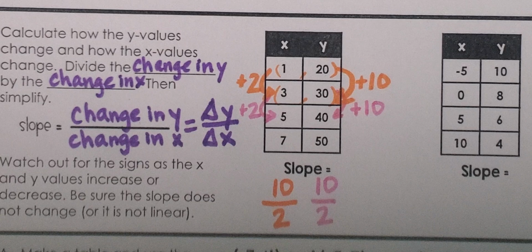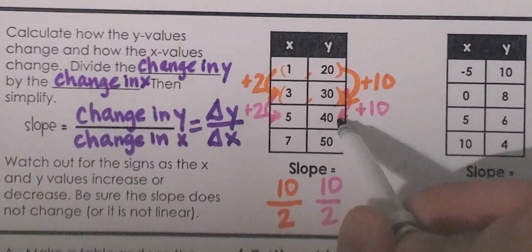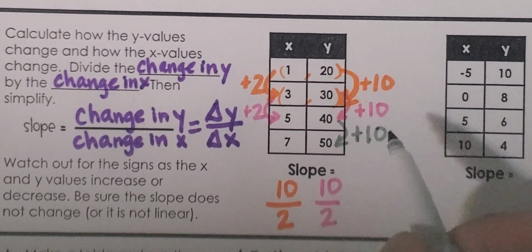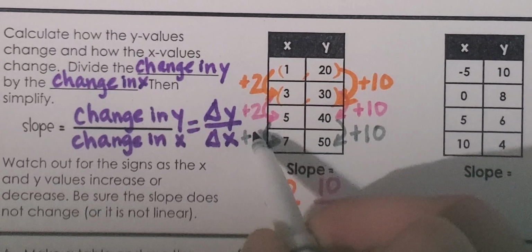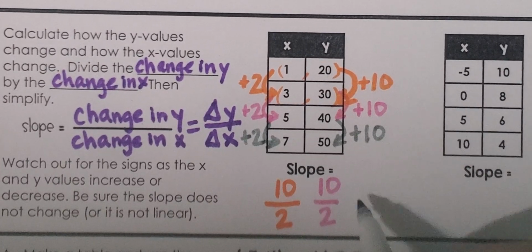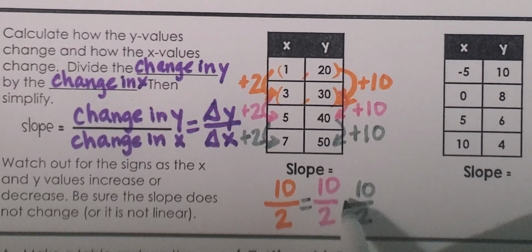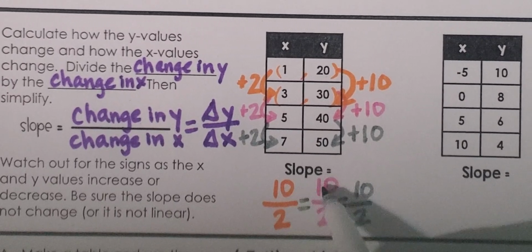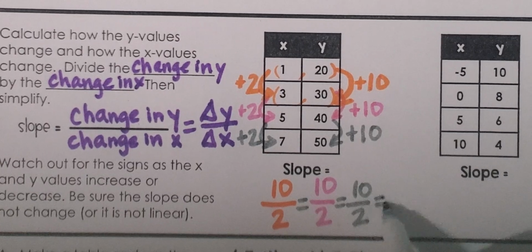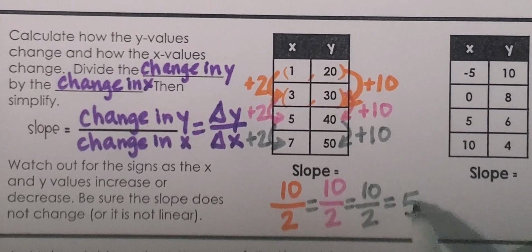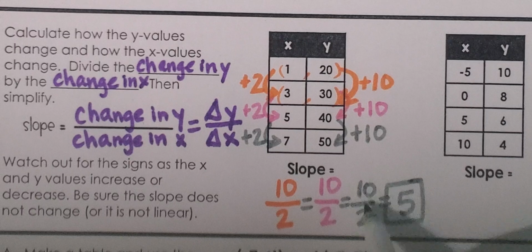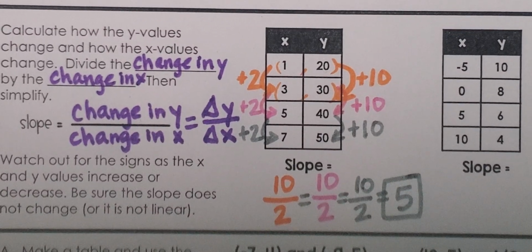And my last one follows the same pattern: I'm adding 10 in the y column, and x is adding 2. So all of my ratios are going to equal 10 over 2, which simplifies down to 5, because 10 divided by 2 is 5.